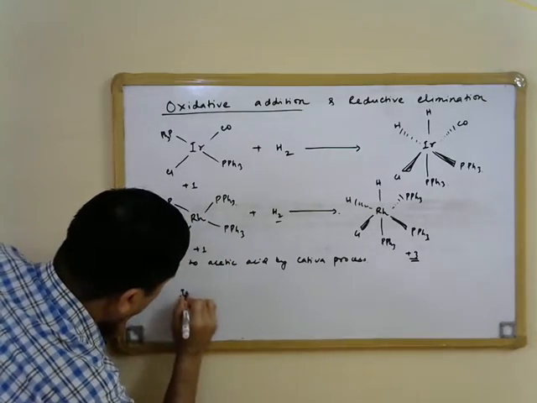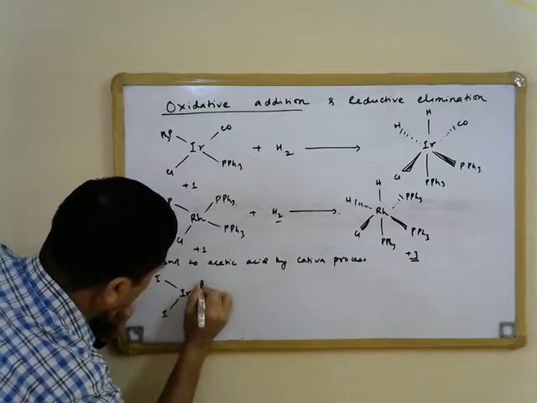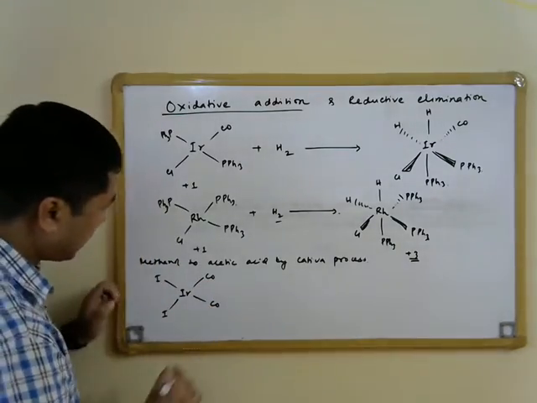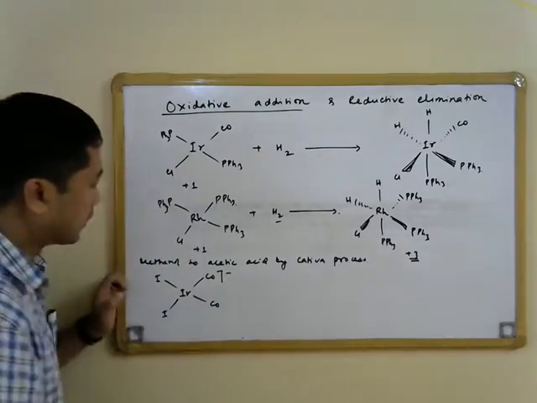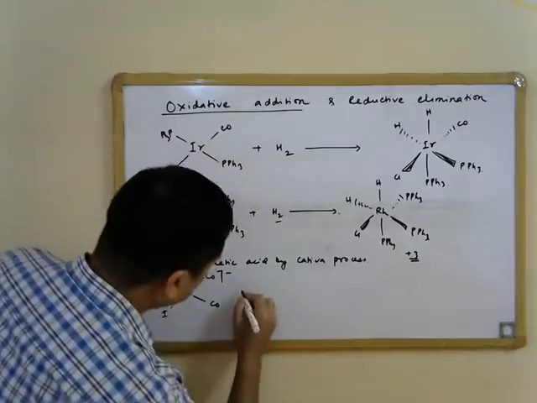In this case, we have a square planar iridium complex, where again the oxidation state of iridium is +1 because the complex is monoanionic here.